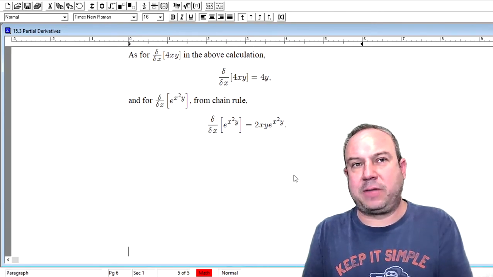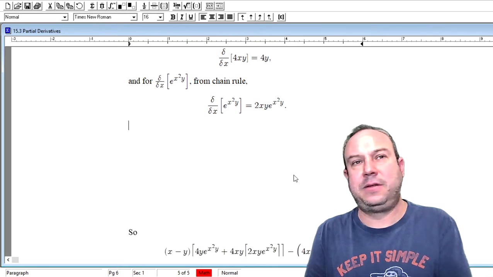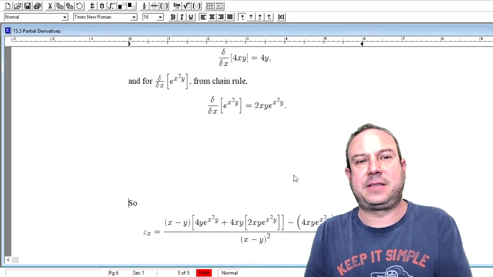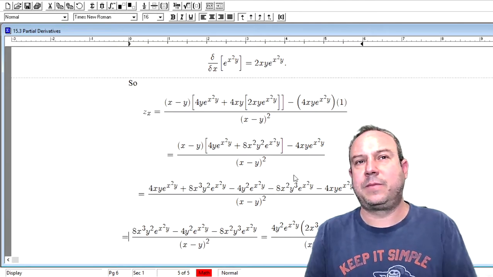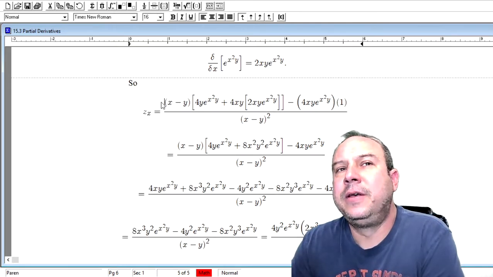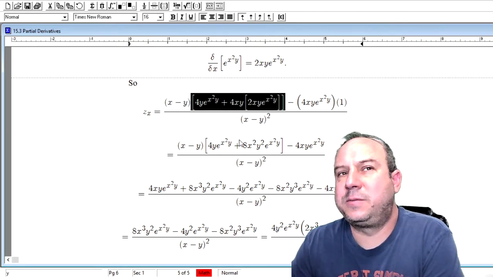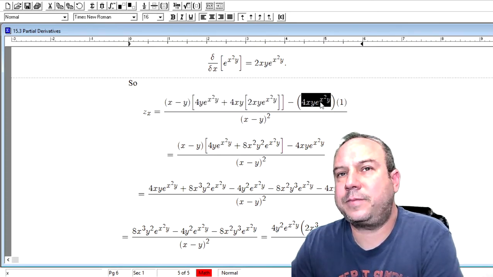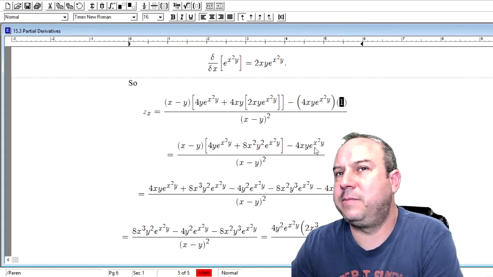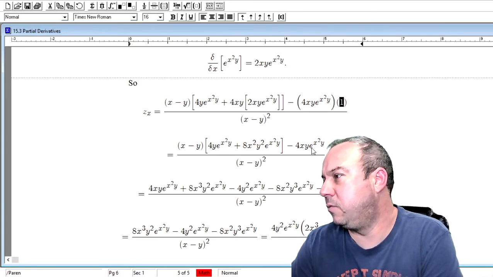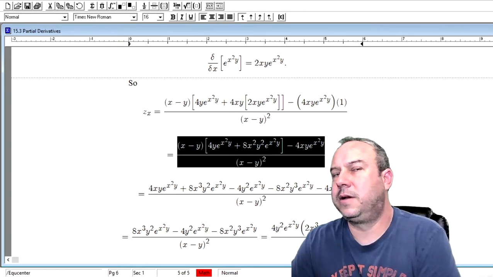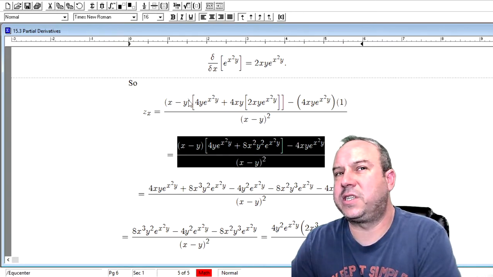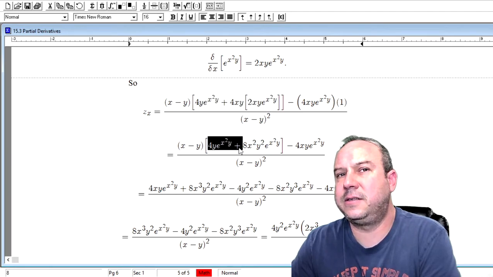Substituting those into the above result, this is our last example here, folks. We would have x minus y times this derivative, minus this factor times the derivative that resulted in 1. Right? That is equal to this as we start to expand what was inside the brackets to obtain this.